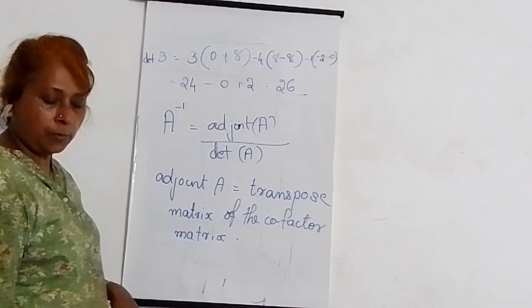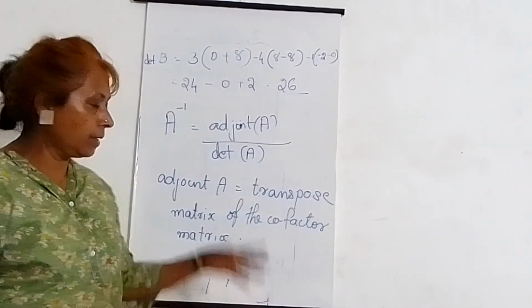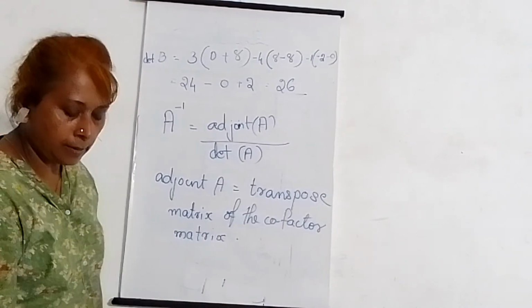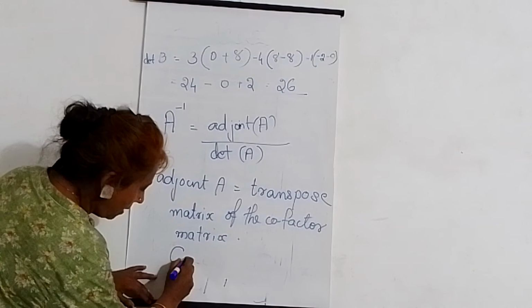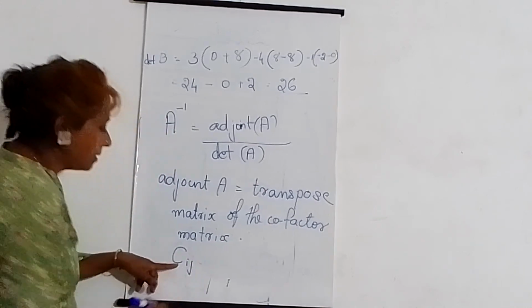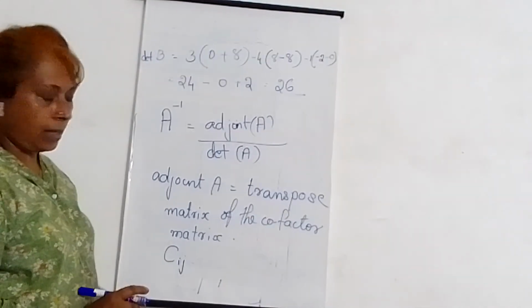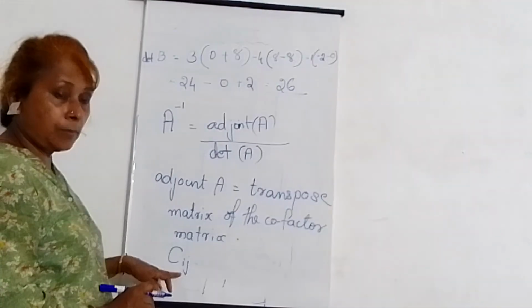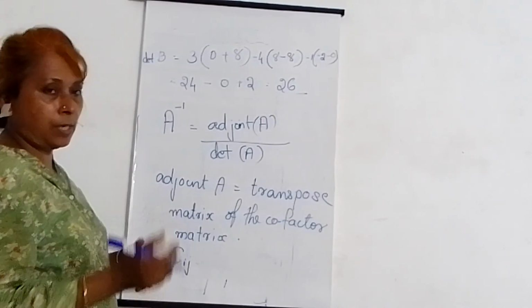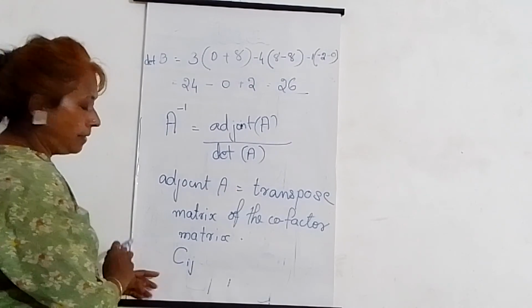How do we find the cofactor matrix? That is what I told you. You should write this also. The cofactor matrix is Cij, where i means the number of rows and j the number of columns, C with the suffix ij.